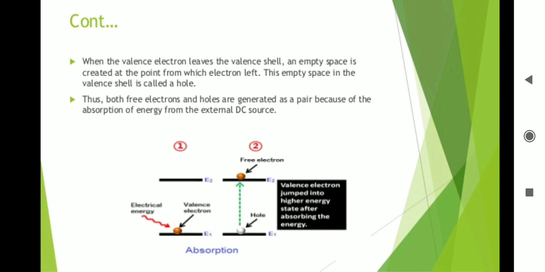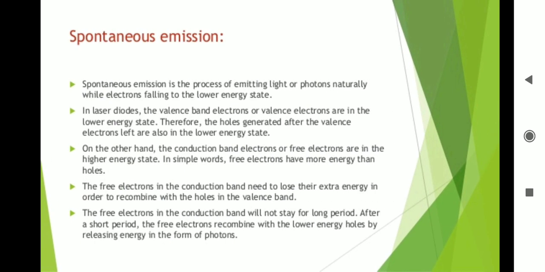Moving further, now understand the process of spontaneous emission. After absorption, electrons are present in the higher energy level. These are called excited electrons. If no light is incident on them, then they cannot stay for a long time in their higher energy level.